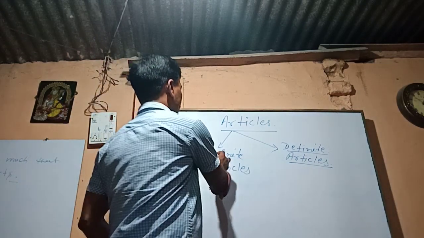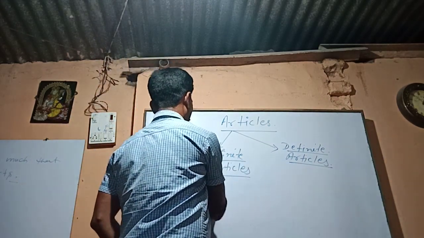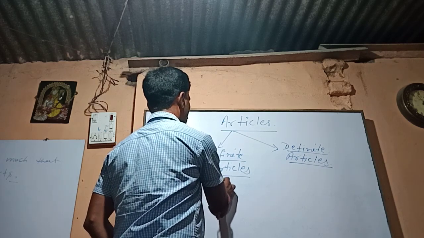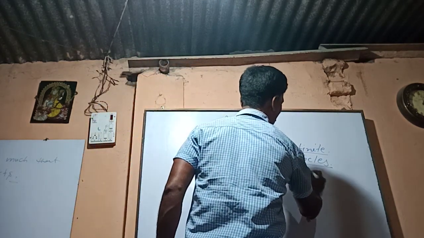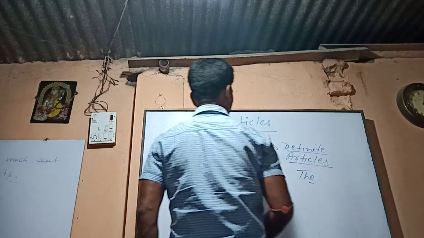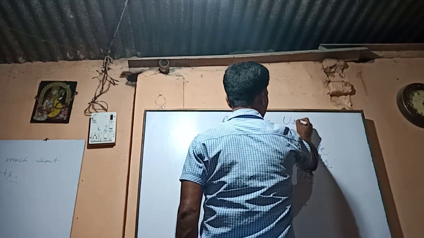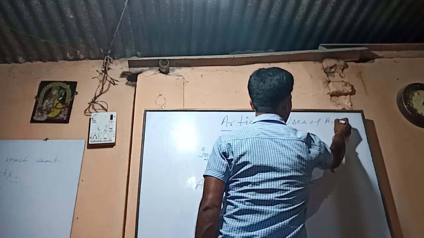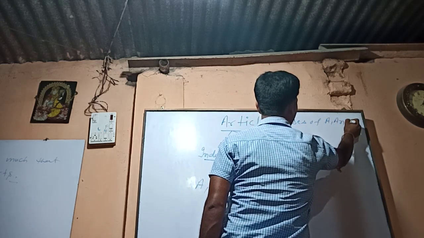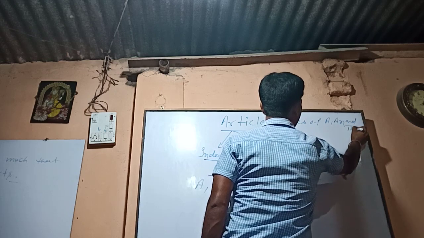What are indefinite articles? A and an. And the example of definite article is the. We are going to learn today the uses of A and the.